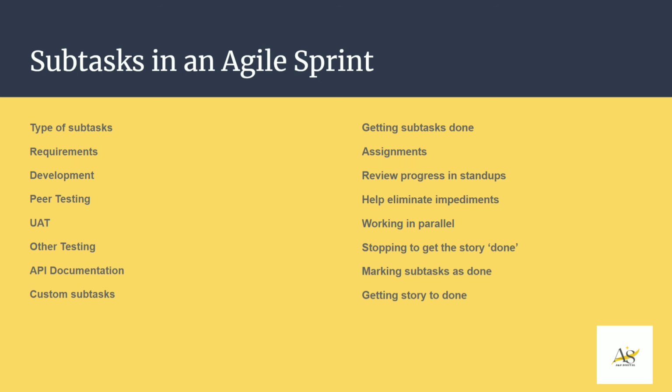Sometimes you might identify that, hey, you captured most of the subtasks, but you missed out one. So that's fair. As long as the story is open, you can always go in and add a subtask and get that assigned and closed out as needed. So that's definitely an option.